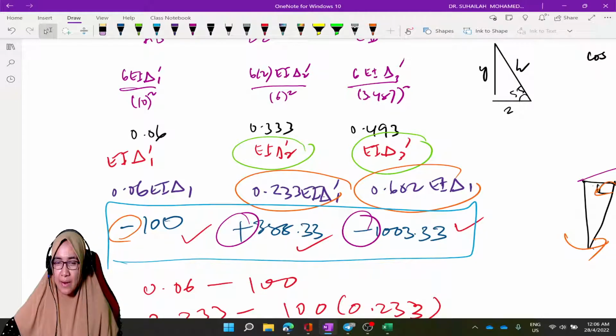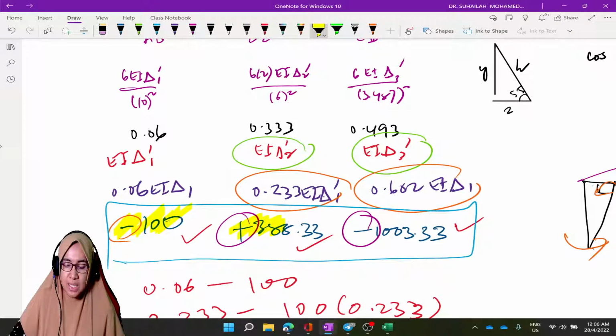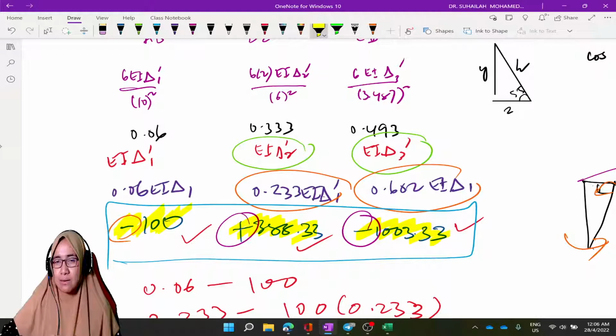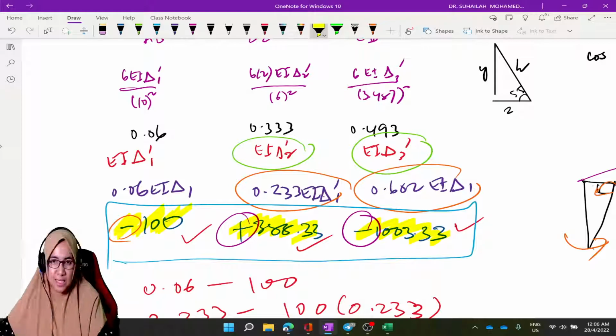When delta is unknown, we have to assume FEM. 100 is the value that we assume. Then using ratio, interpolation, and trigonometry, we calculate FEM for BC and FEM for CD. So these three are the values in the table, from AB until DC.